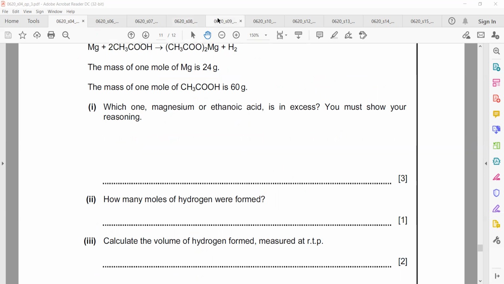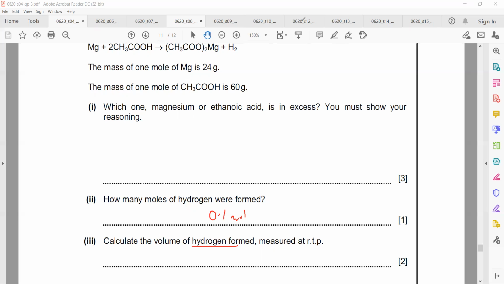Then calculate the volume of hydrogen formed. We have 0.1 moles of hydrogen here. How to get the volume of a gas from the moles? Which formula do you use to get the volume of the gas? The formula which relates moles: moles equal volume of gas in dm cube divided by 24.